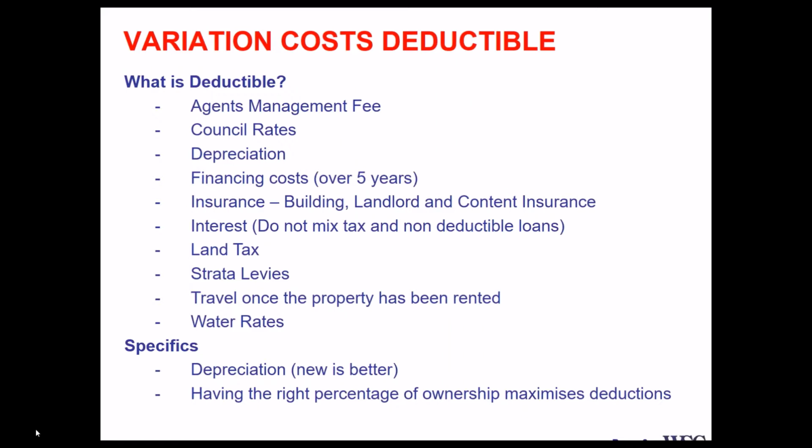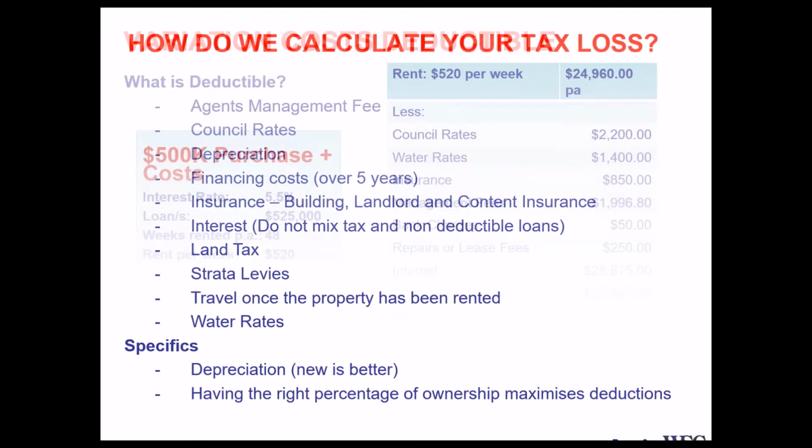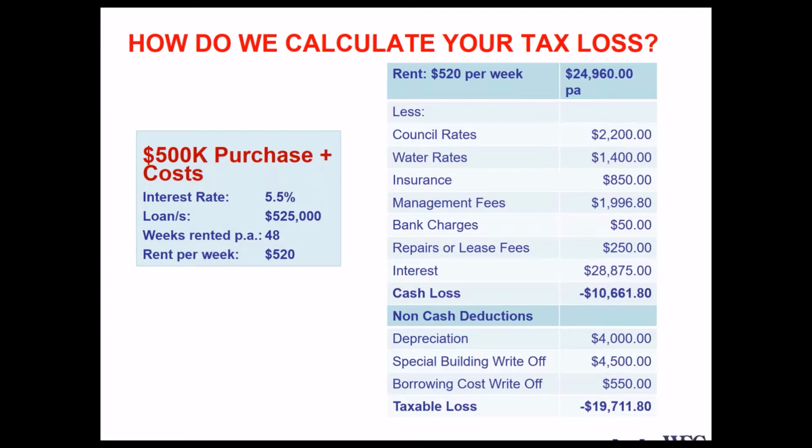Now, right at the bottom of the page, I've made one other comment. Having the right percentage of the ownership maximises deductions. What I mean by that is you would always have more of the ownership of the property in the higher income earner's name. Again, that's dependent on people's current and future circumstances.